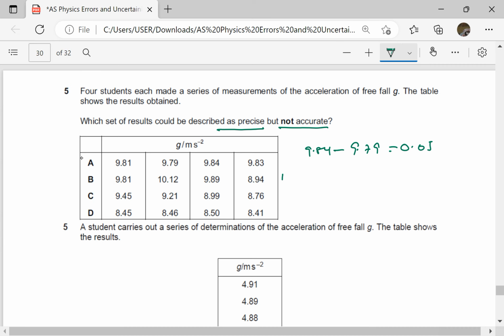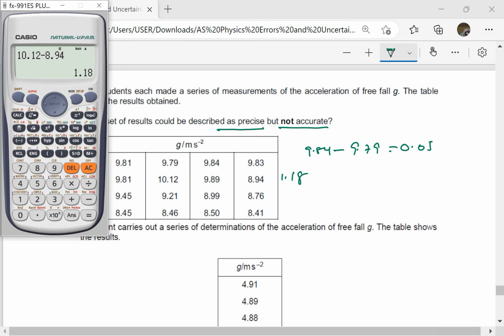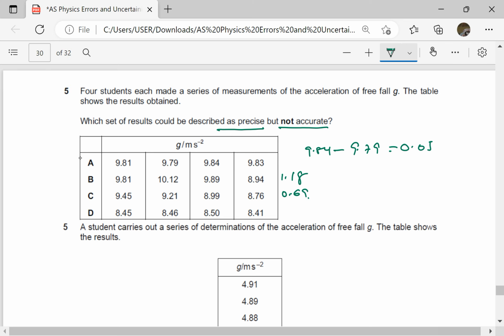So this is 1.18. Then here the highest is 9.45 minus the smallest is 8.76. The range here is 0.69.